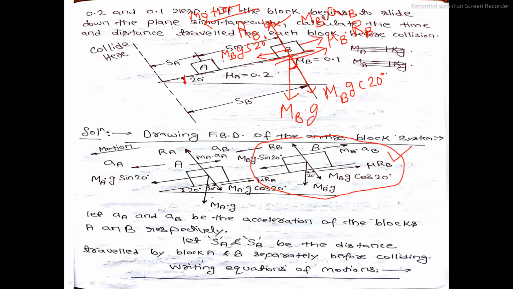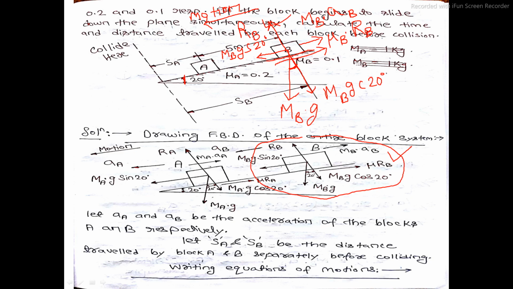Why is it not the same? Since A and B are not connected by any common string, that is why the acceleration of both A and B will not be the same. And the masses of blocks A and B are also not given. Block A is kept at a distance SA from the colliding point, whereas block B is kept at a distance SB from the colliding point.